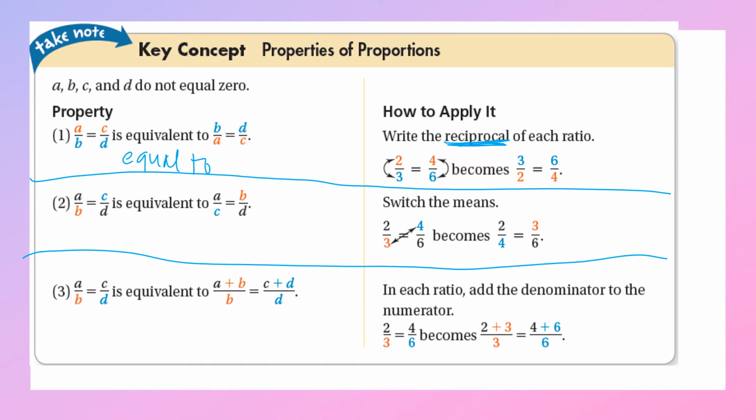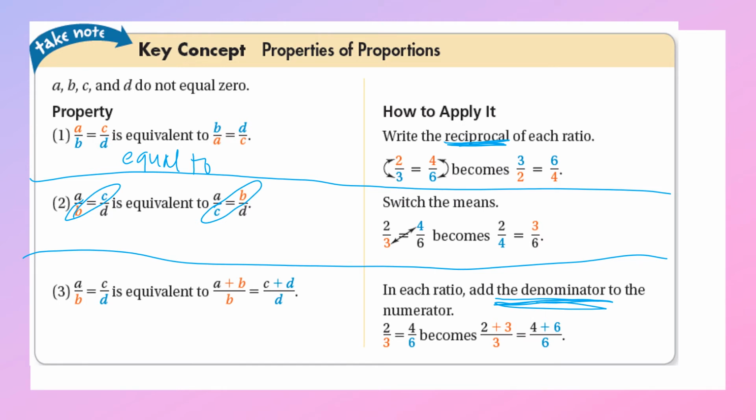For the second property, A over B equals C over D, and it is equivalent to A over C equals B over D. So basically for this one, we are just switching those means. They call those the means. Number 3, A over B equals C over D is equivalent to A plus B over B equals C plus D over D. So in each of these ratios, we are adding the denominator to the numerator.